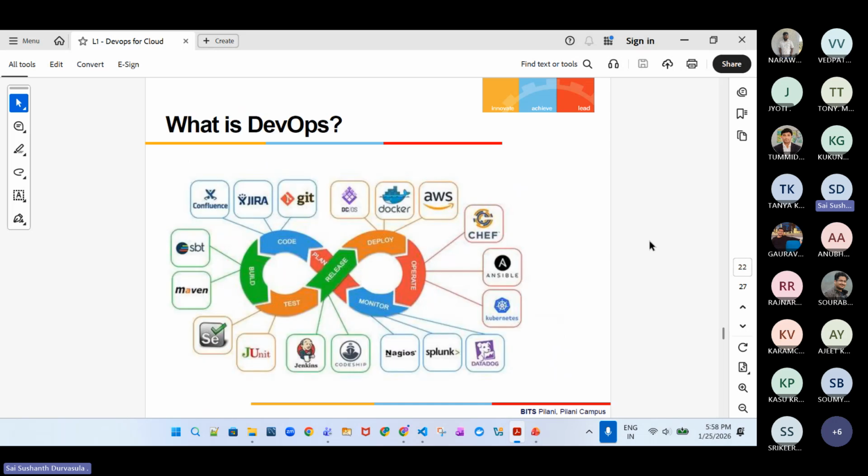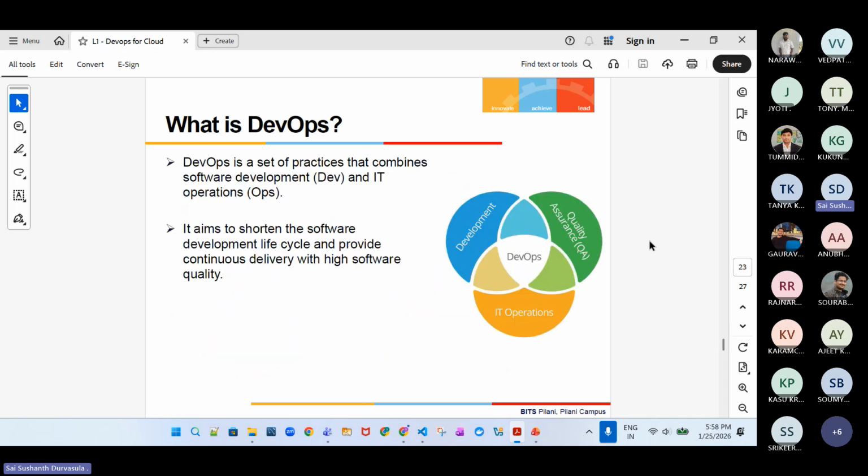Then we started to understand what is DevOps. This is a continuous process, and the key takeaway from last class is that the aim of DevOps is to shorten the so-called SDLC, or software development lifecycle, while maintaining high code quality and ensuring continuous delivery to the customers.